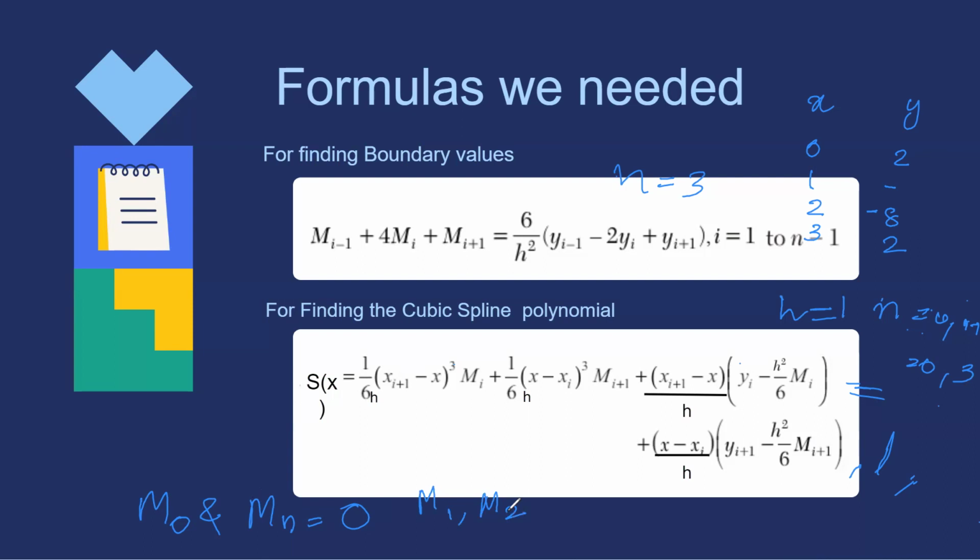For finding m1 and m2, we use mi minus 1 plus 4mi plus mi plus 1 is equal to 6 by h square into yi minus 1 minus 2yi plus yi plus 1. This is the equation that we are going to use, so we substitute the values of m0 and mn as 0 into this equation.